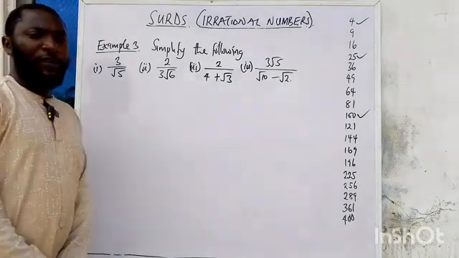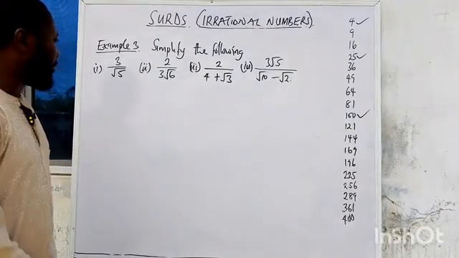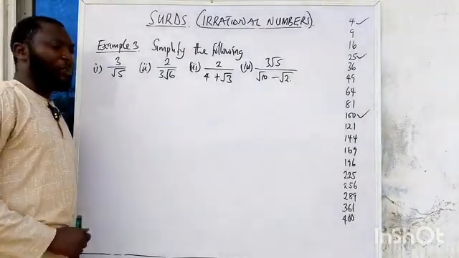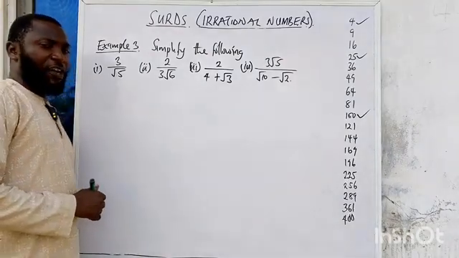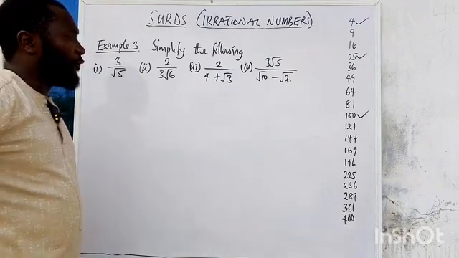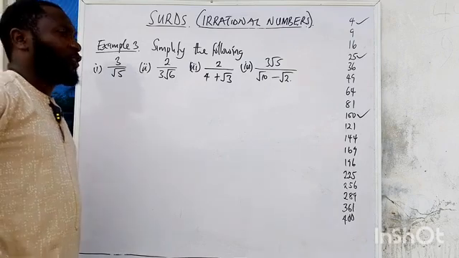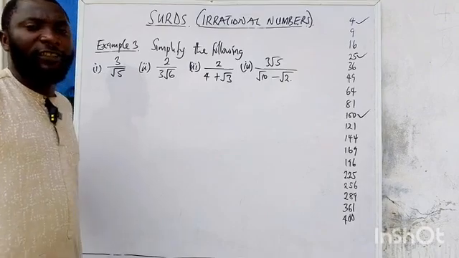Now we have another example under the topic. Unlike the previous examples, all the questions here are in fraction form. Anytime you have a surd in fraction form, the way to solve them is similar.